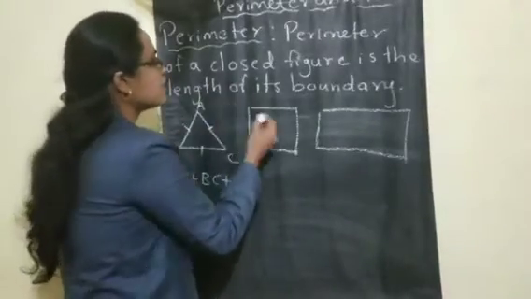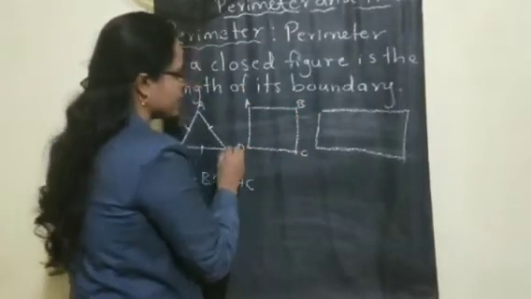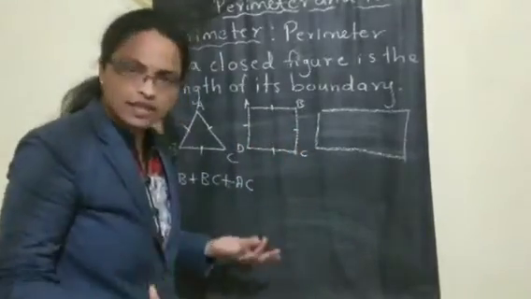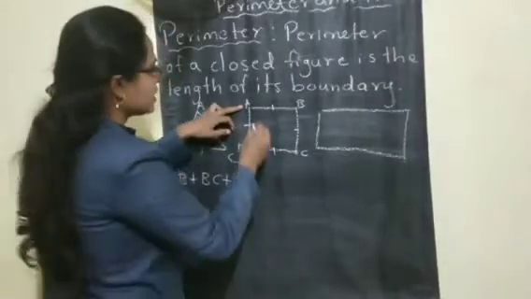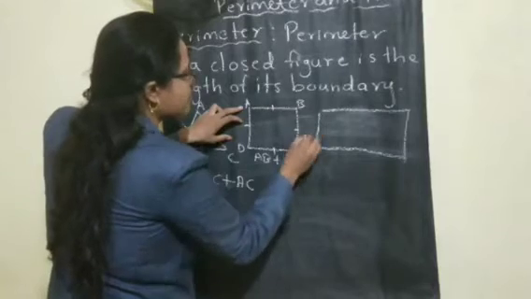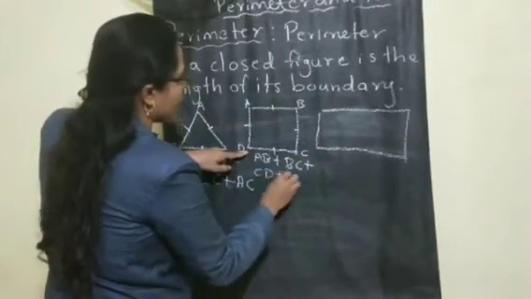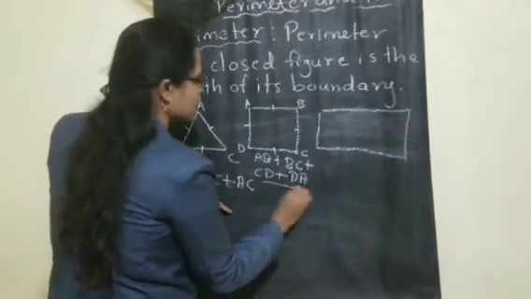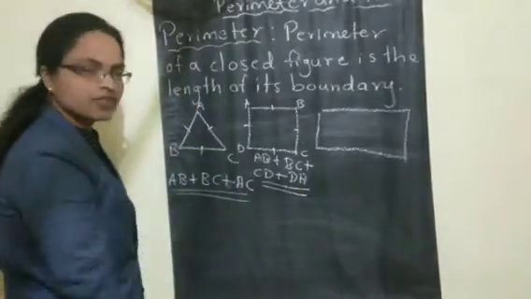Similarly, if you take the square A, B, C and D, you know that all the sides of a square are always equal. So we only have to add the boundaries of a square, that is AB plus BC plus CD plus DA or AD. So this is about the square, and that was about the triangle.